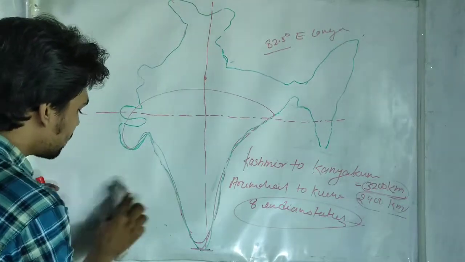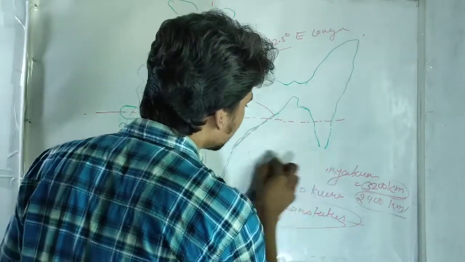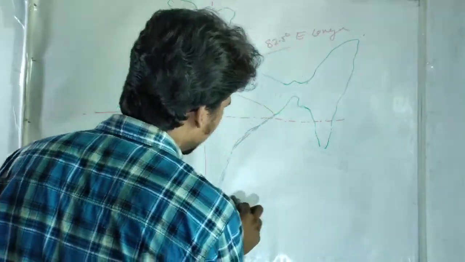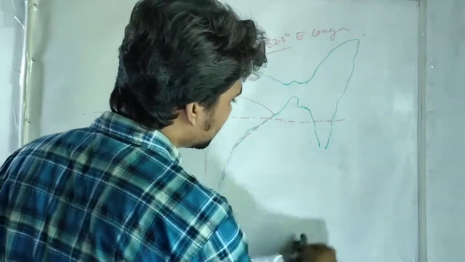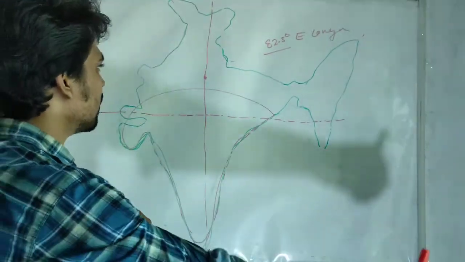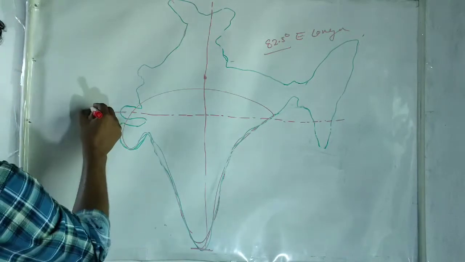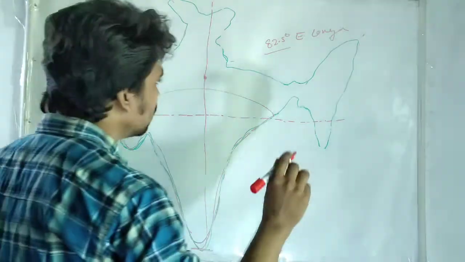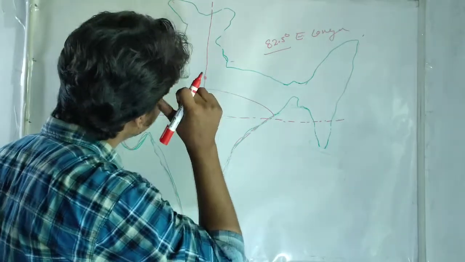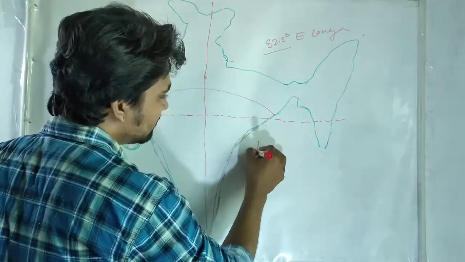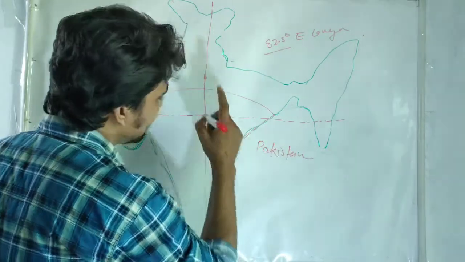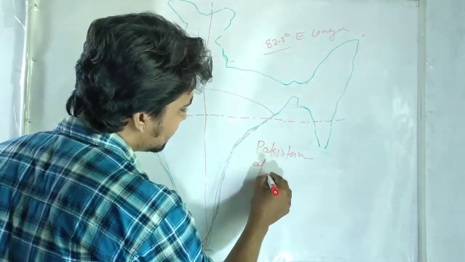So friends, here we will talk about some neighbors of India. The Indian boundary touches about 7 countries of the world. We will start from Pakistan. The first country which shares the Indian boundary is Pakistan. Second is Afghanistan.